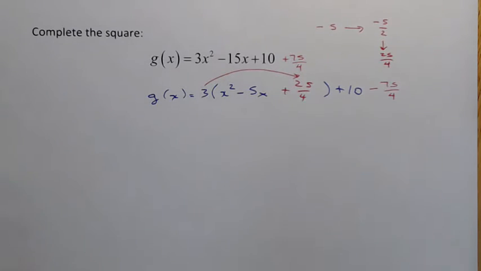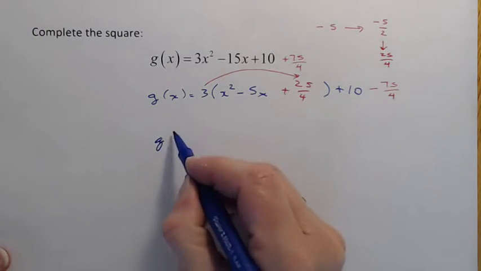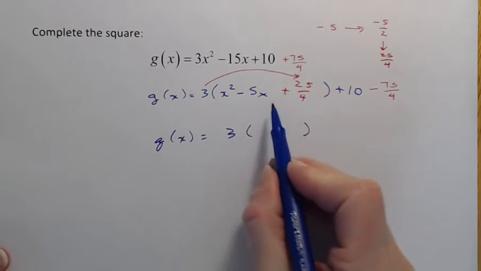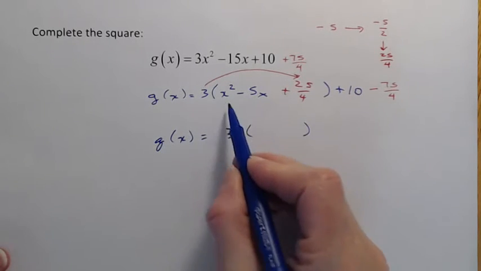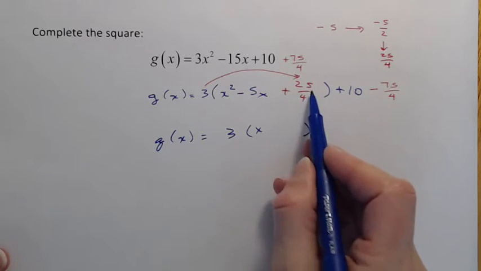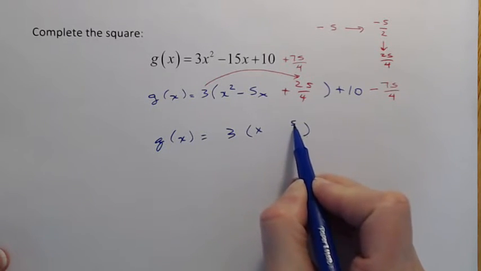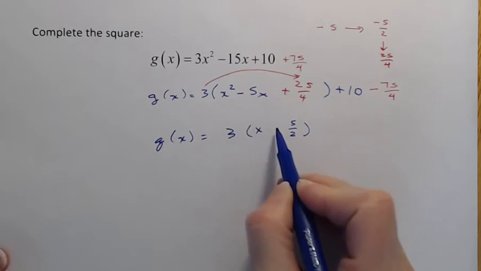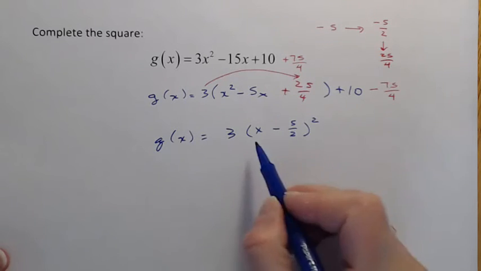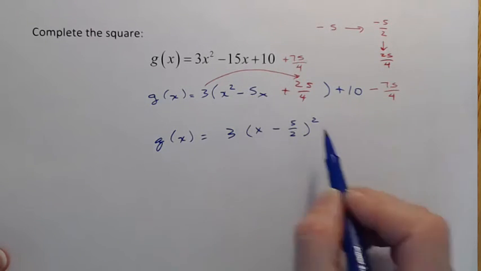And now we should be in pretty good shape. This is a perfect square trinomial. That's maybe not as obvious as the one before, but certainly x squared should become the x for the leading term. And then 25 fourths, the square root would be 5 halves. Our middle term is negative, so we know we need a minus there. I would encourage you to FOIL that out, make sure you get back to the original.